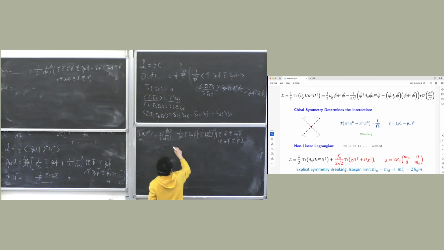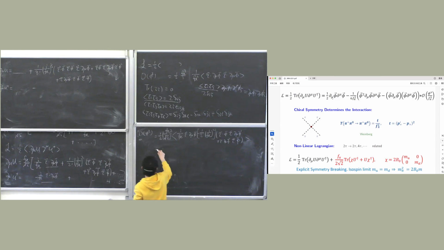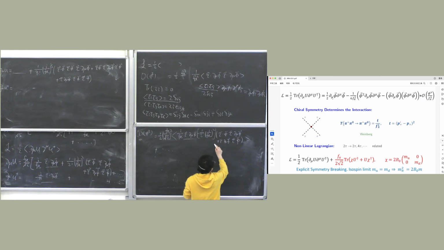And then we take the trace and plus this times this. So let's look at the above one. What enters the trace is just this and this.